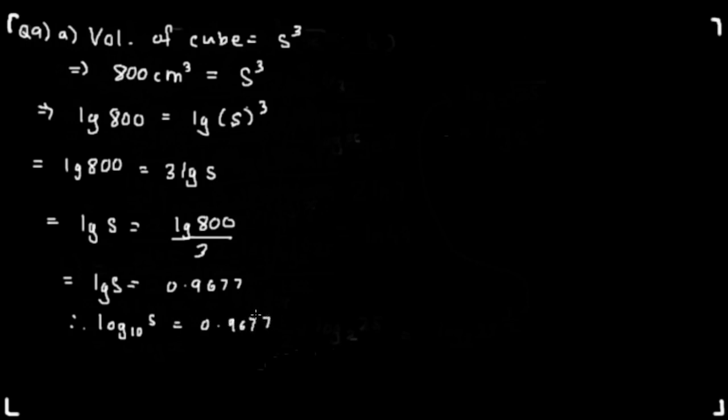What do you have to raise the power of 10 to get the answer s? Because this is an equation, 10 to the power of 0.9677 is equal to s.